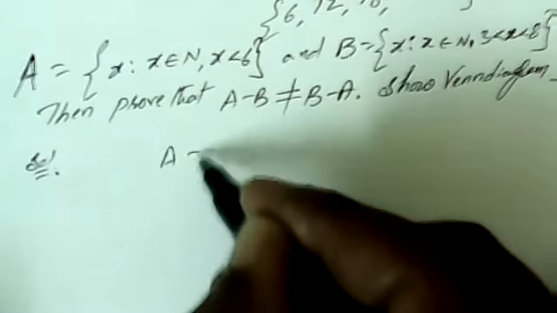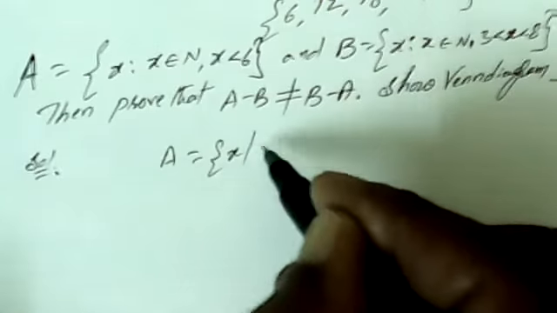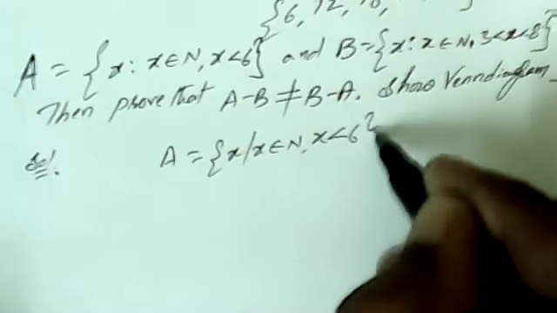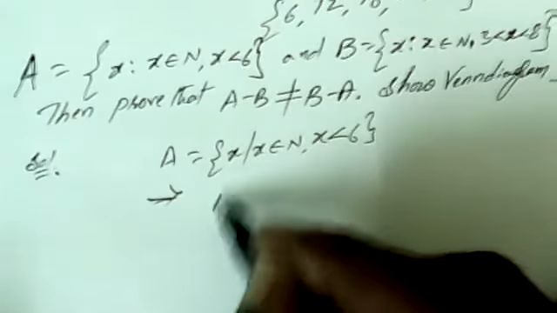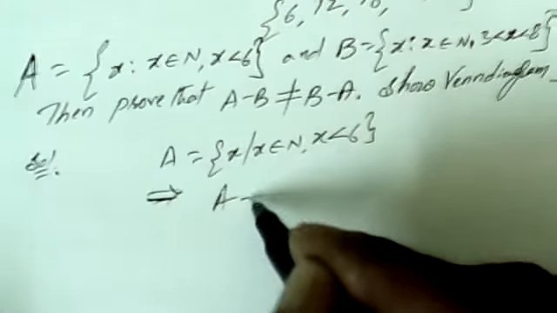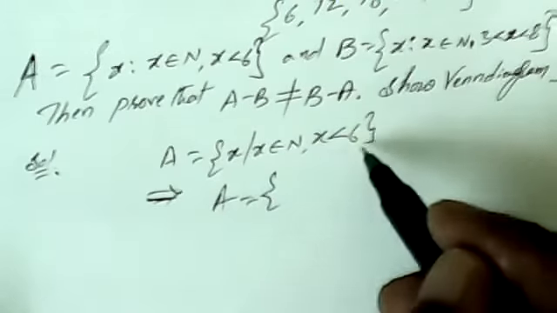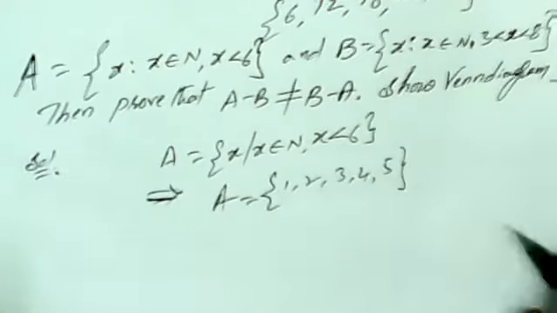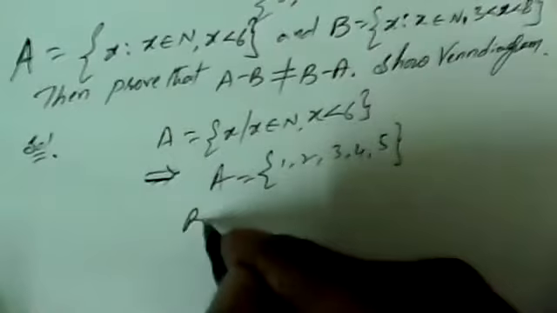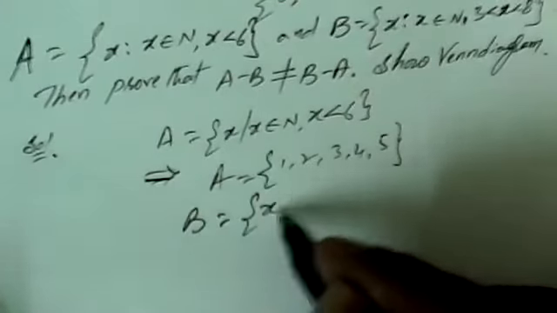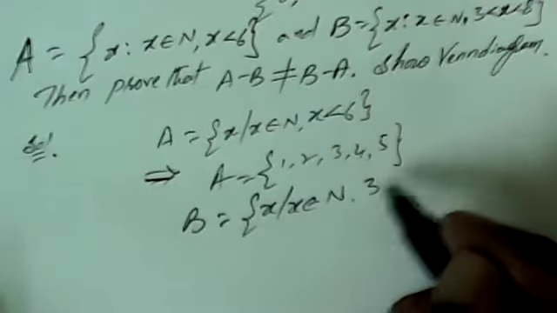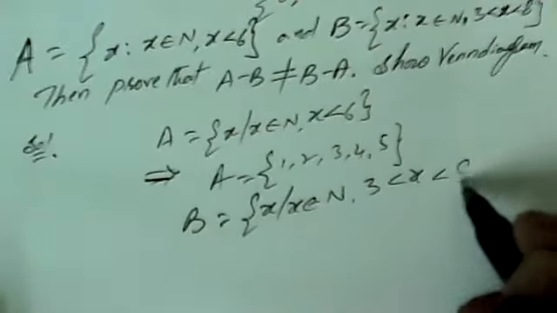So we are given A equals the set of elements x such that x belongs to the natural number set and x is less than 6. This in turn implies set A is equal to the natural numbers less than 6, which are 1, 2, 3, 4 and 5. Now going to set B, we have elements x such that x belongs to the natural number set and 3 is less than x is less than 8.